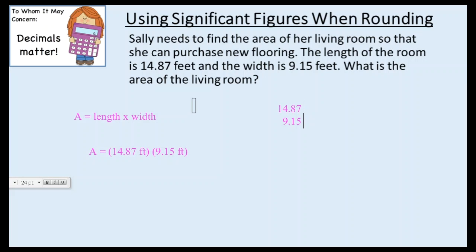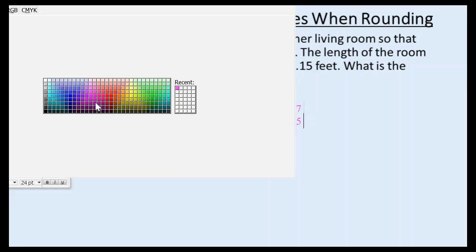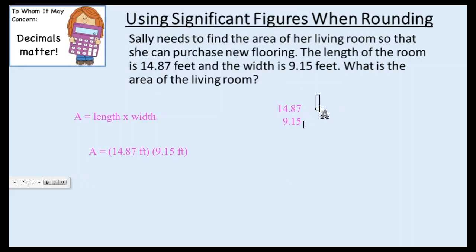14.87, I'm just going to count the digits, and that one is going to have 4 significant figures. So let's put that up here. 9.15 is going to have 3 significant figures.